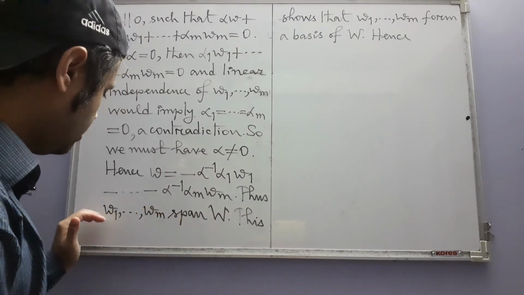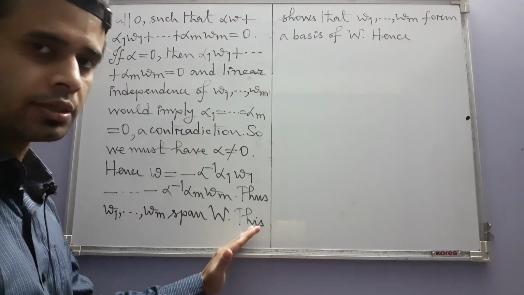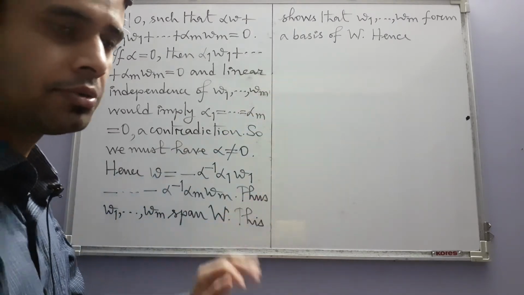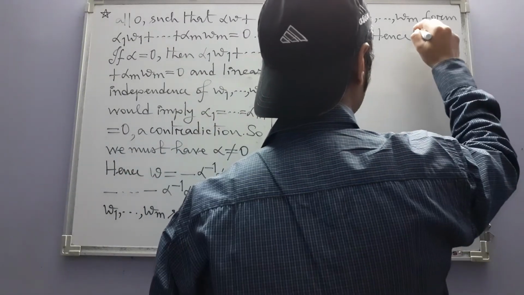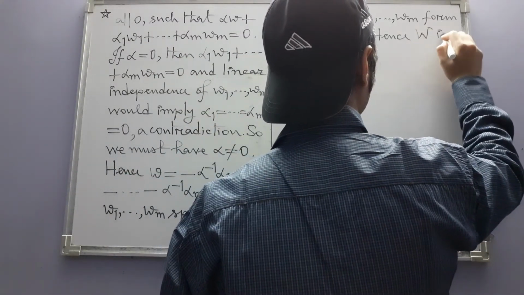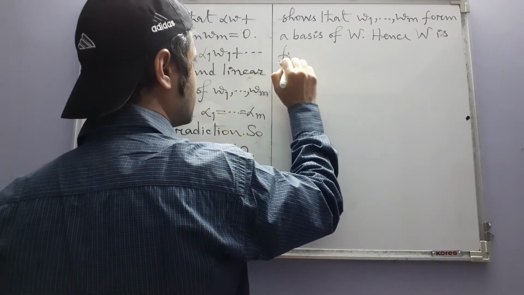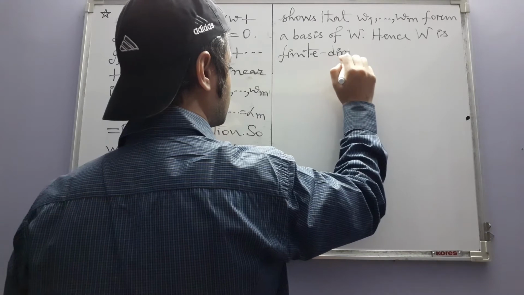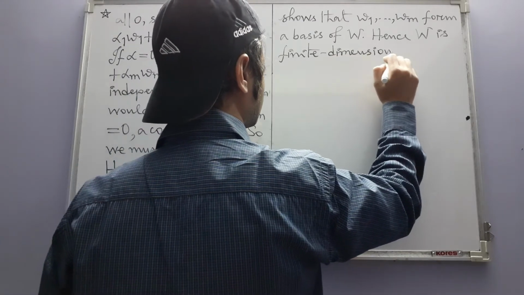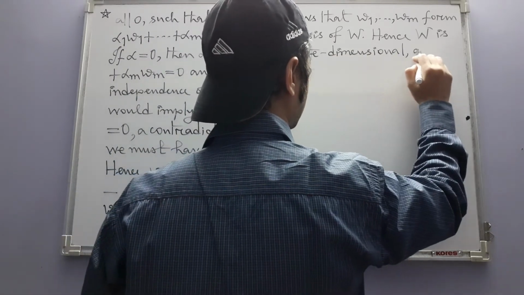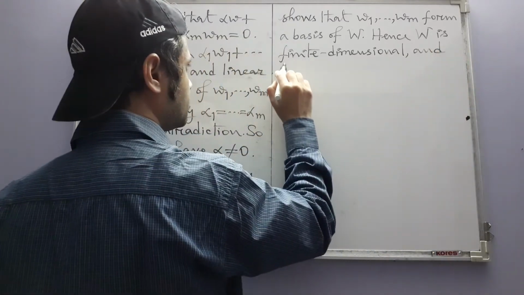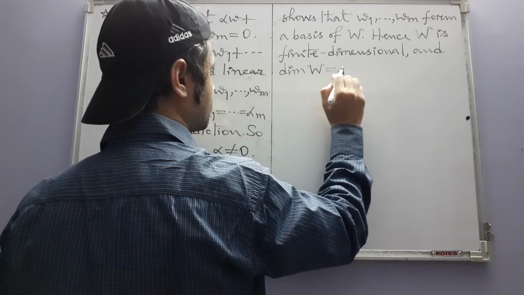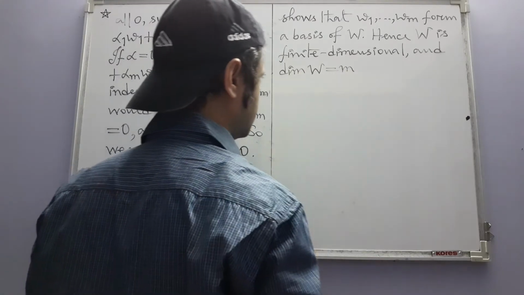But additionally, linear independence of these vectors allows us to say that the dimension of W is precisely equal to m.